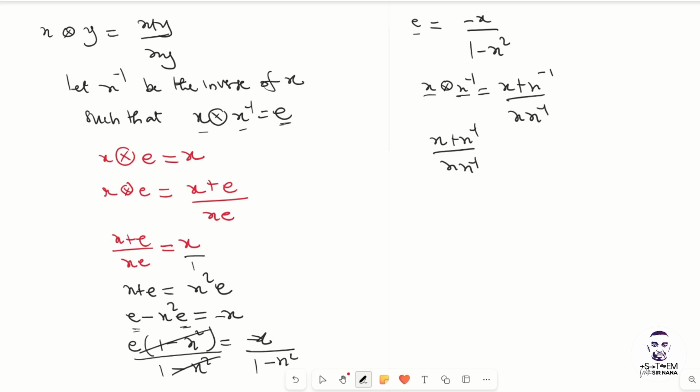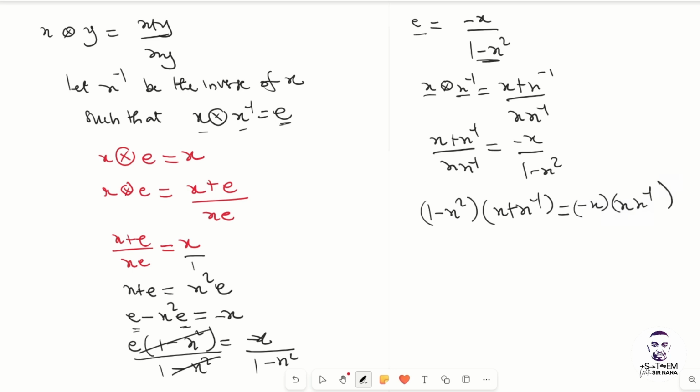And we know the identity element is what we found here. So it's equal to minus x all over 1 minus x squared. So we can cross multiply. We have 1 minus x squared bracket, so we have x plus x inverse is equal to minus x brackets x inverse.